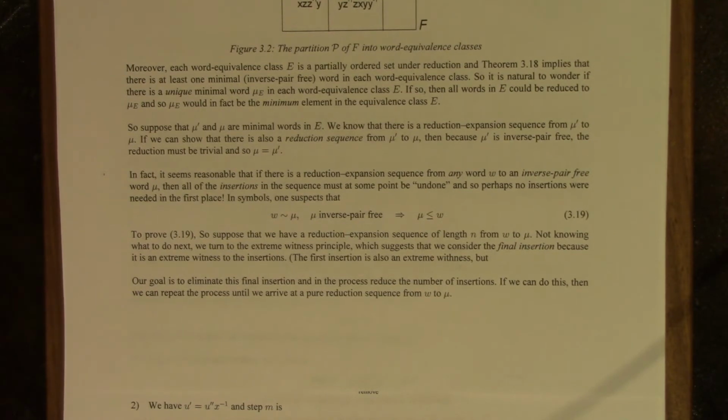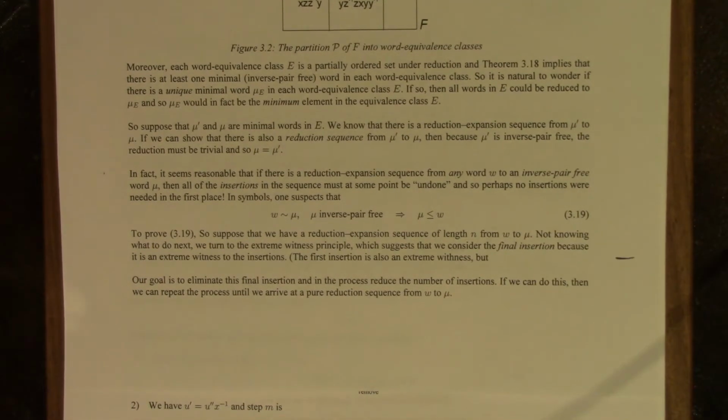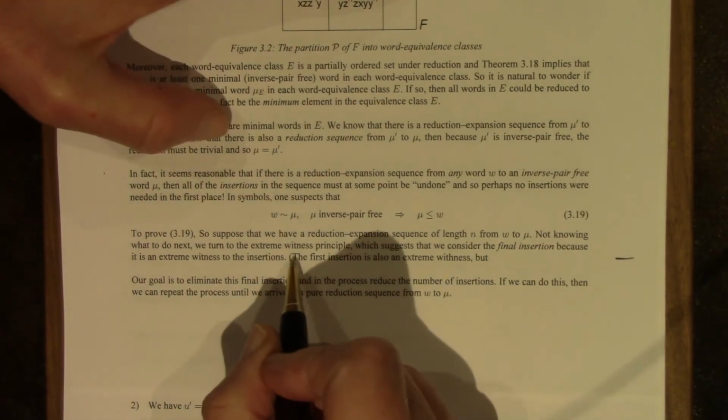We're hoping that we can eliminate the insertions and get a pure reduction. There is the first insertion and there's the last insertion. Those are extreme witnesses. The first insertion isn't going to help too much, but the final insertion will help. So let's concentrate on the final insertion.